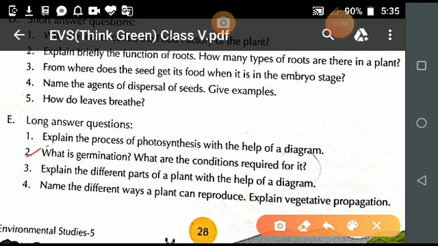Water is very important to keep the soil moist, and the right temperature. The next is sunlight.